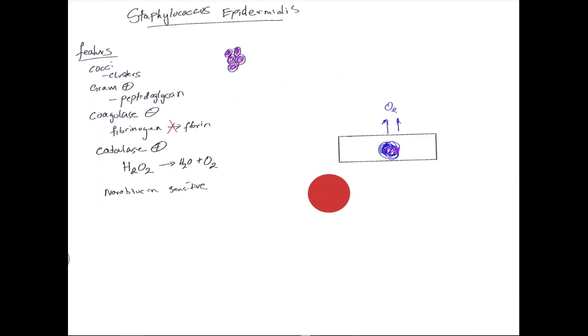Okay. Next up, location. You can find Staph epi on the skin, naturally occurring on the skin. Now, where this is important is that when you take blood cultures, this can actually contaminate blood cultures.